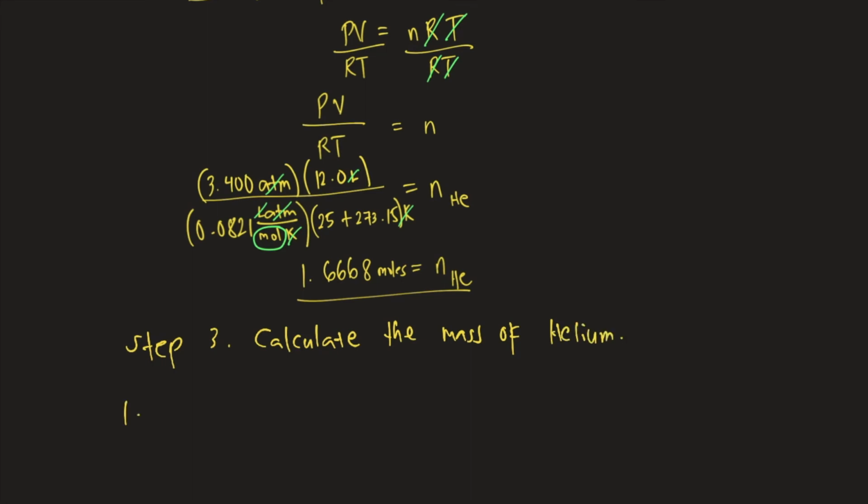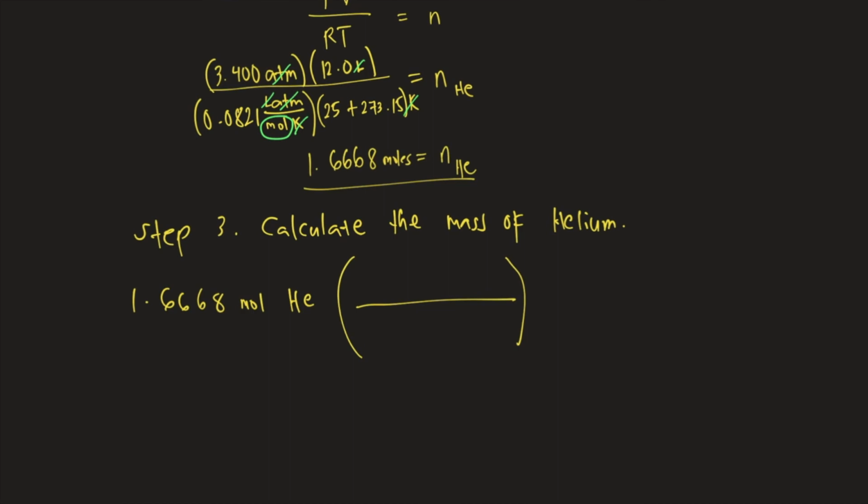So we have 1.6668 moles of helium. When you convert moles to mass, you need the molar mass. So the molar mass of helium is 4.003 grams per mole.